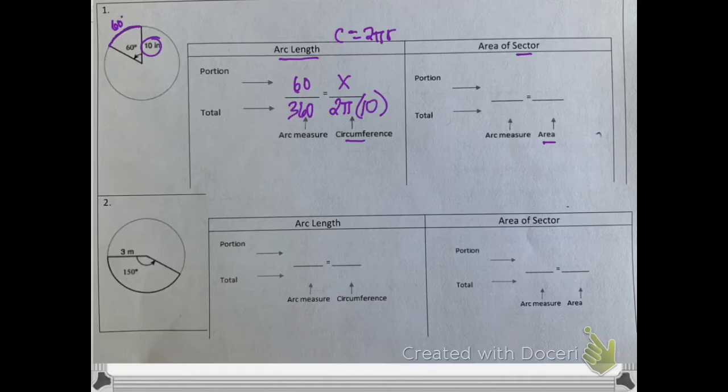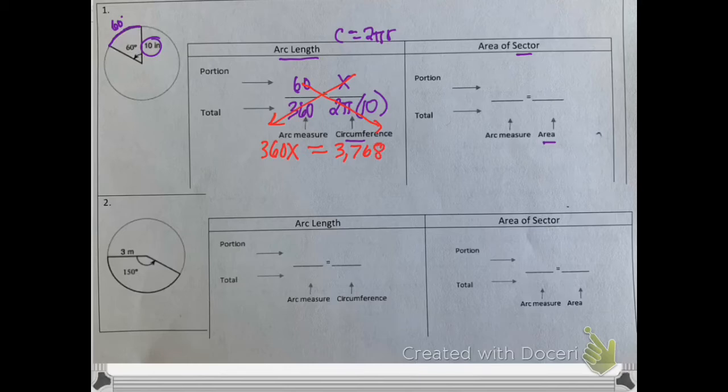So we're ready to cross multiply. We're going to round to the nearest tenth in the very last step. So 360 times x is 360x, and that's equal to, we're going to be multiplying these four numbers together, and of course you could always multiply them quicker than doing all four separately. So 60 times 2 times 3.14 times 10 is 3,768.